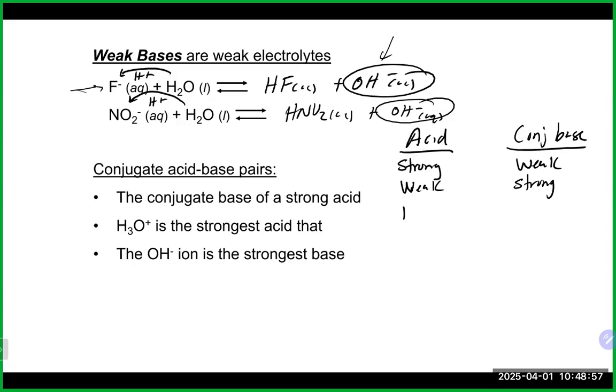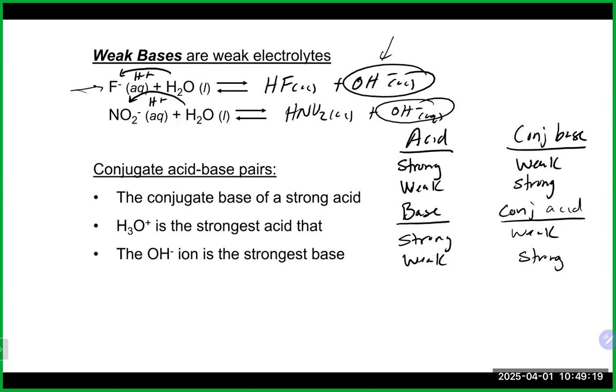Same thing works with a base. They have, again, the opposite relationship: the base and its conjugate acid. If you have a strong base, its conjugate acid will be relatively weak or essentially neutral. And if you have a weak base, its partner will be relatively strong. Again, not as strong as a strong acid, but strong in the sense that it can continue to react with water and affect the pH of that solution.